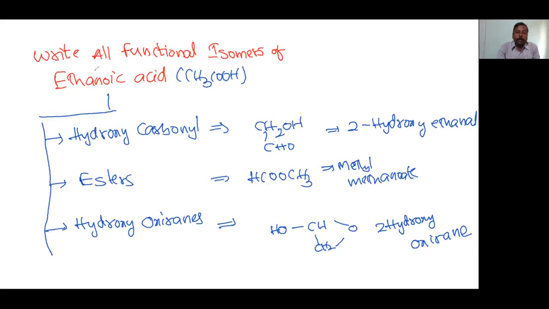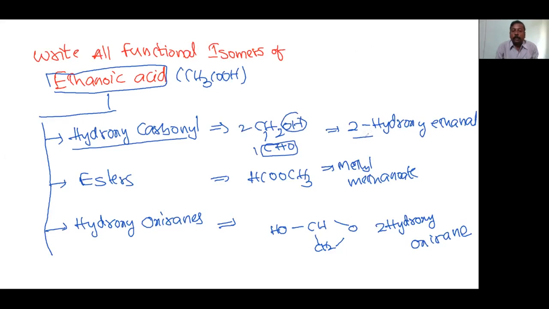See, all carboxylic acids show three types of functional isomers. First one is hydroxycarbonyl. Hydroxy, this one, carbonyl means aldehyde. So its IUPAC name will be 2-hydroxyethanal. Numbering will be from here to here. Ester also, see here.